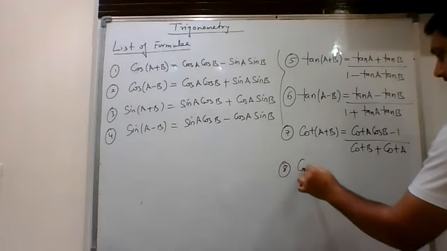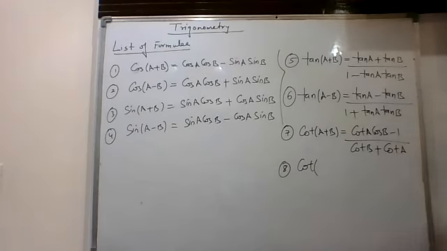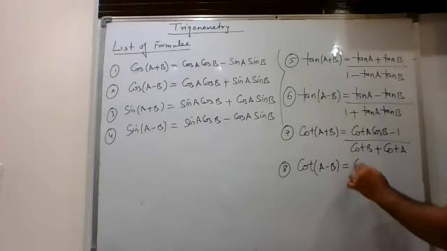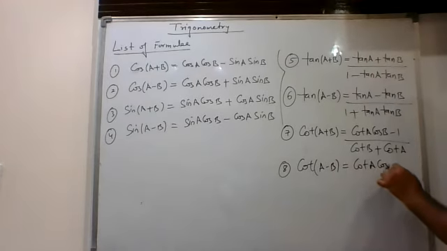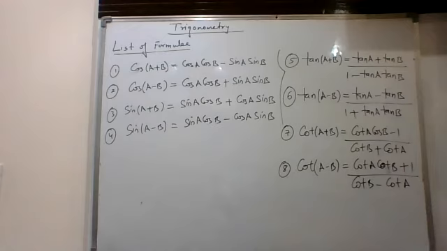Number 8, cot(A−B), that is (cot A cot B plus 1) upon (cot B minus cot A).